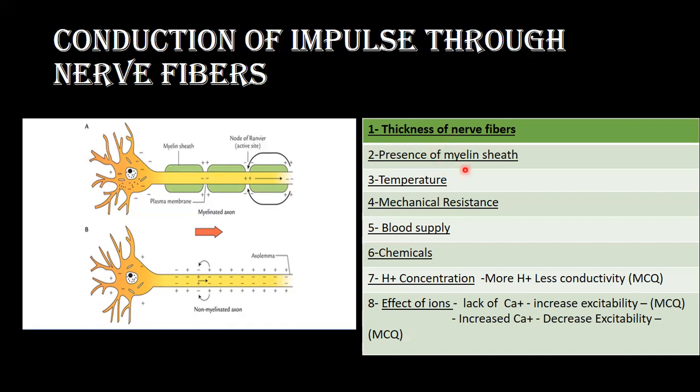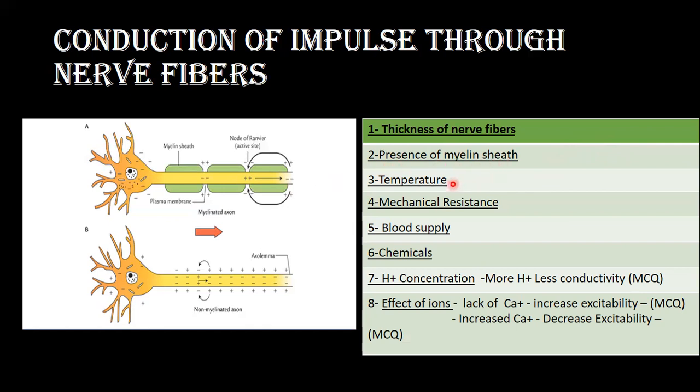When we talk about the presence of myelin sheath, we see that there is saltatory conduction. Due to the presence of myelin sheath, the action potential jumps, and the axons can conduct 40 to 50 times faster. So the faster conduction is due to the presence of myelin sheath.